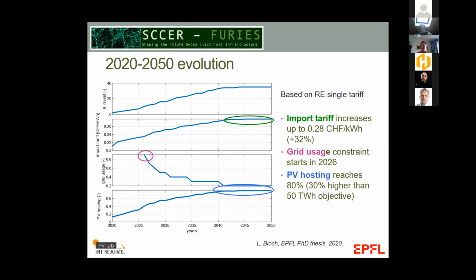To give you an idea of what this 80% represents, if you translate that to the Swiss case, it's 30% higher than the 50 terawatt hour objective that we have to decarbonize the Swiss energy system.